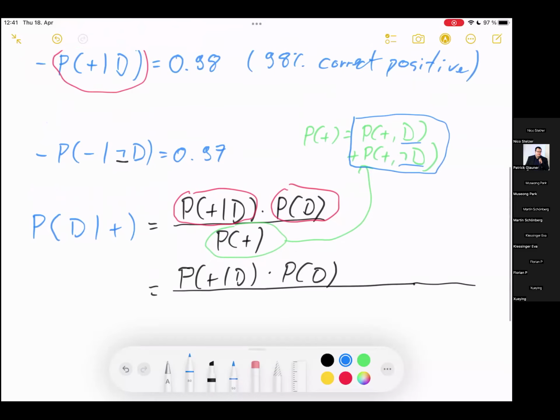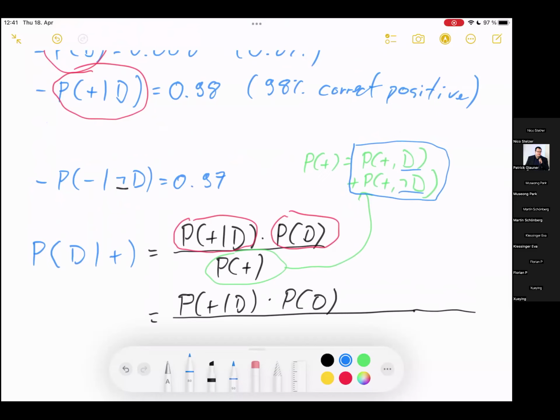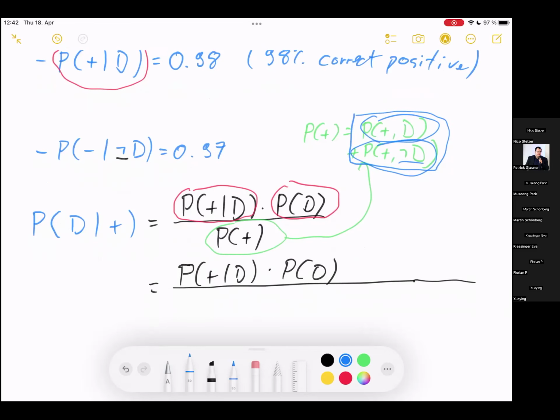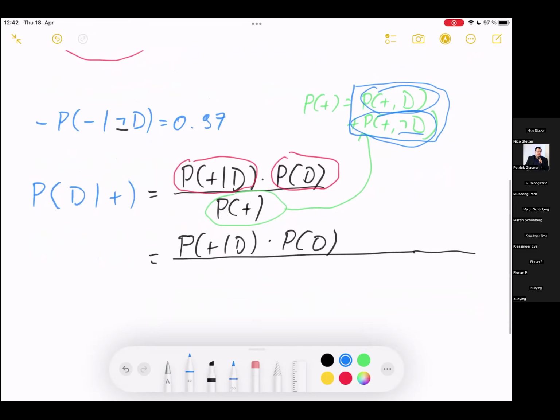But we also see that we don't have these two new variables we have just introduced. So we also need to write that out. So we could start and say, well, we want to calculate P of plus. So we could say it's P of plus given the disease plus the other one, which is P of plus not having the disease.